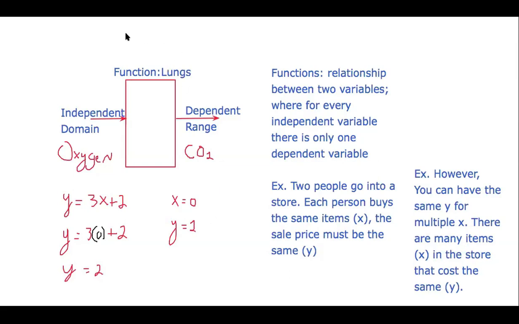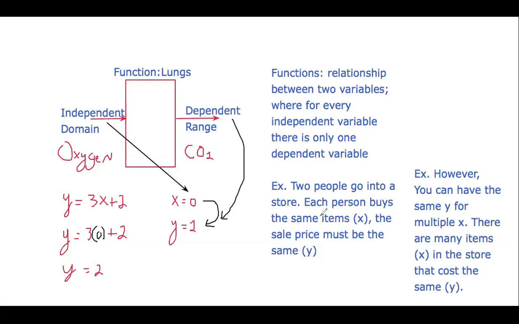So x of 0 went in, so this is my independent value. Based on that, 2 came out, and that is why it is our dependent value. It is dependent on what goes in.